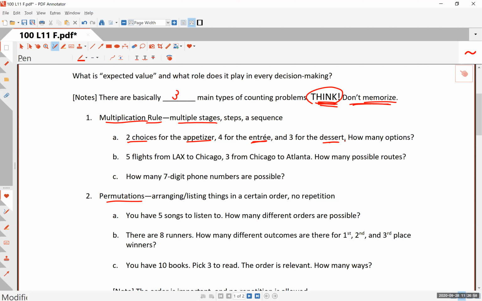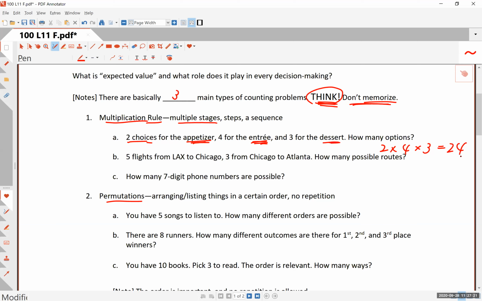The question: how many options are there? You realize that these are independent choices, independent events. So regardless of which appetizer you order, you can choose one of the 4 entrees and one of the 3 desserts. In a case like this, you have 2 choices for the appetizer, 4 for the entree, and 3 for the dessert. And so that turns out to be 24.